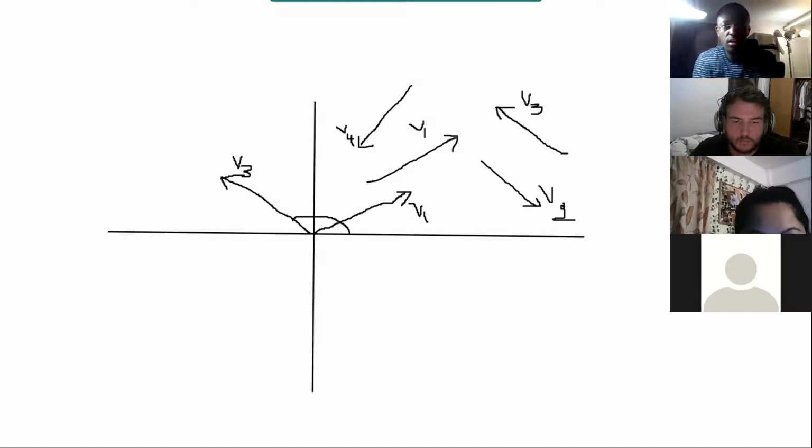Let me stop sharing and open the instruction file, 2, 3 vectors.